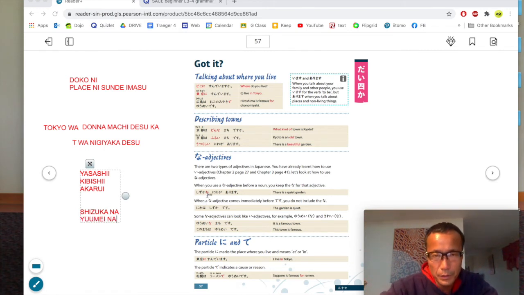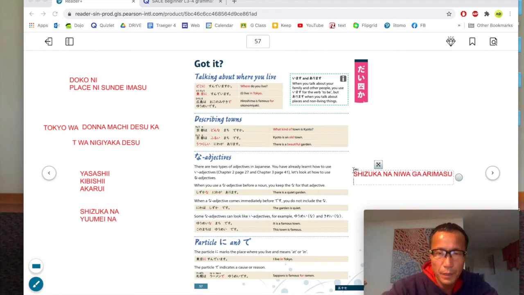For example, 静かな庭があります。Let me write it down. 静かな庭があります。Or 有名な町です。Note that you need this な if it is followed by a noun. A noun is a thing. Then you need a な. But if you just say the adjective and it is not followed by a noun, you do not need な.